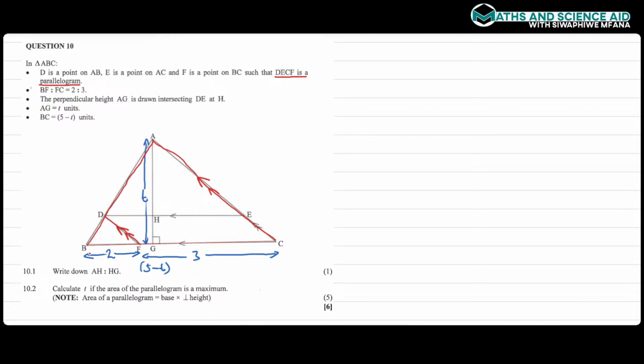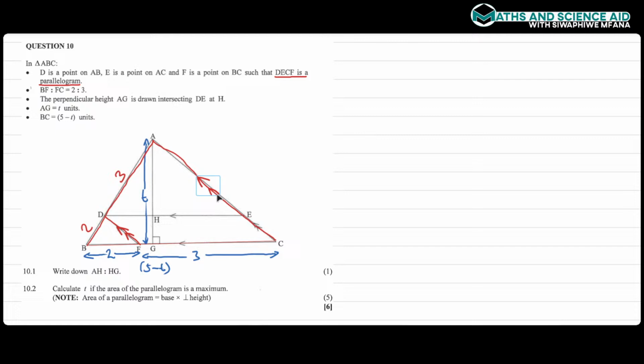So if we see that the ratio of BF to FC is 2:3, this ratio should be the same as the ratio of BD to DA. You see? So here, this should be 2 and this should be 3. So the ratio of BD to DA is 2:3. That's the first thing to note.